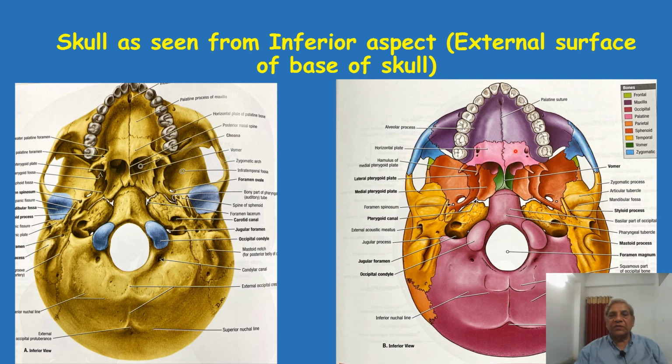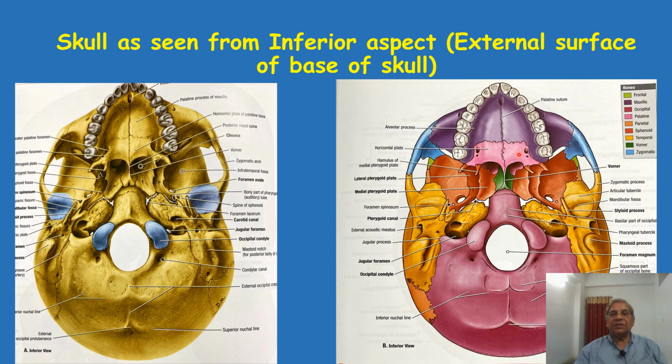Now, this bone which is articulating with the palatal process, with the palatal suture in between, in pink color, is the horizontal plate of the palatine bone. It is called horizontal because inside there is another plate, the perpendicular plate. The right and left horizontal plates meet in the palatal suture here. So, these two bones form the hard palate.